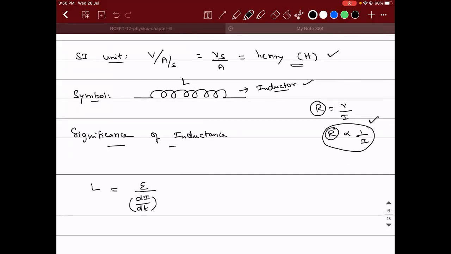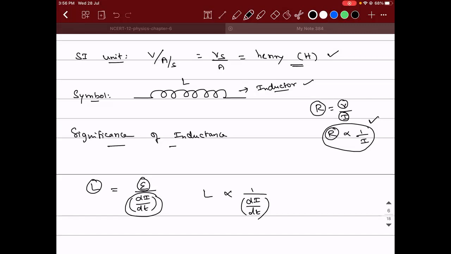So instead of R, you have inductance. Instead of voltage, you have EMF. Instead of current, you have di by dt. So can I say that inductance is inversely proportional to di by dt? Guys, this thing you will not find in the textbook, so concentrate.